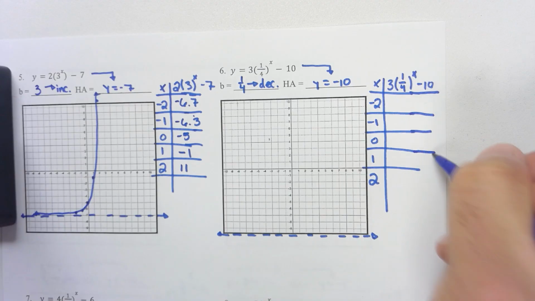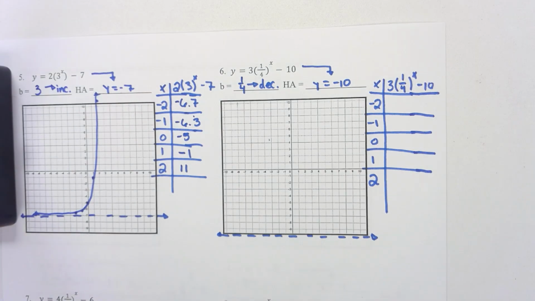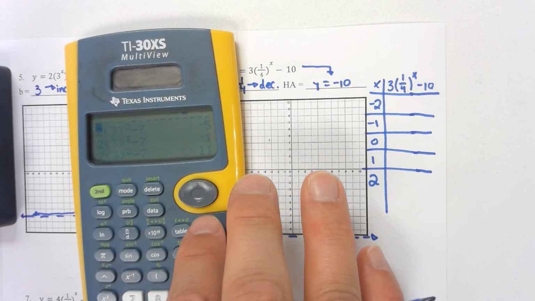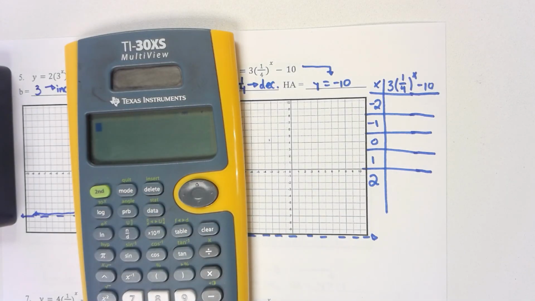So only difference here is how we're going to type in the fraction. Remember, all fractions are division problems. So we'll put the division inside parentheses and go from there. I'll explain this first one really slow. Then I'm going to go pretty quick just to get to these y values a little bit more efficiently.